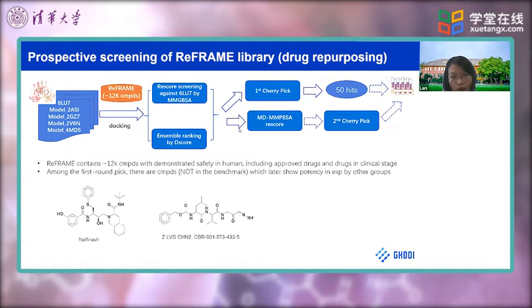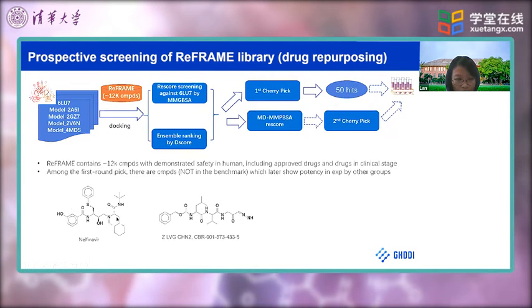We also use a molecular dynamics-based approach to rescore the top hits to include more protein flexibility, and we will do the second cherry pick and then test it in experiment. Among the first-round 50 hits, there are compounds which were not included in the benchmark but later showed potency in experiments conducted by other groups, which are published.